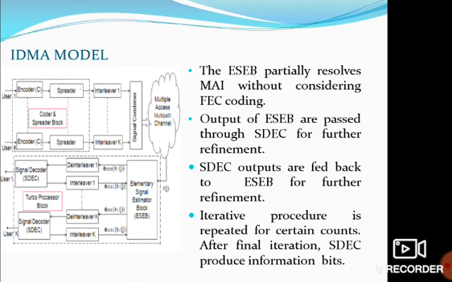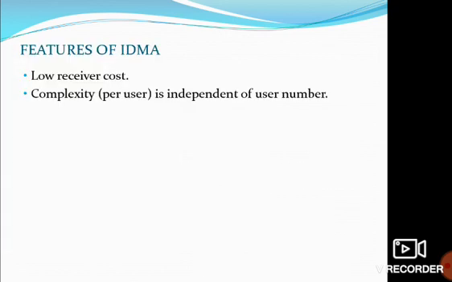That will decode the signal that we transmitted from the upper side of the block diagram. The encoded signal will be decoded now, and then we will get the data. Features of IDMA: the receiver cost is low and complexity is independent of the number of users.